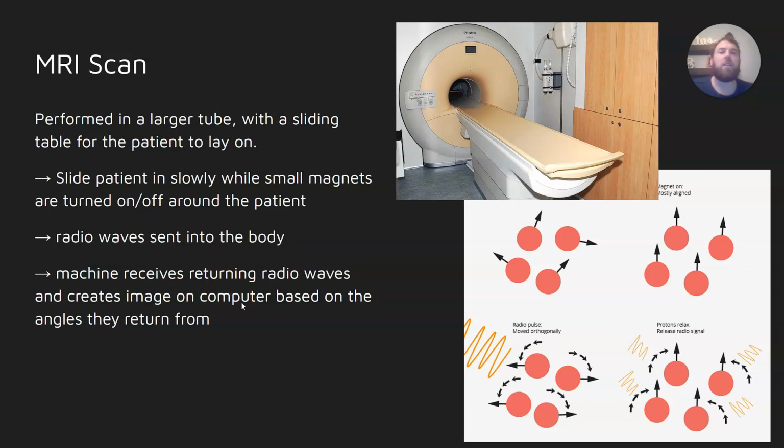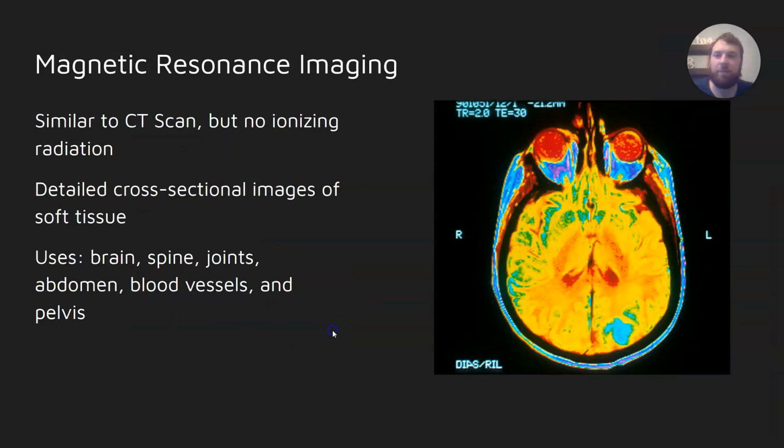So it's using magnets to align things so that the light reflects the radio waves, I should say. It is a type of light, but the radio waves reflect off it in a certain way. Much fancier science than I'm used to.